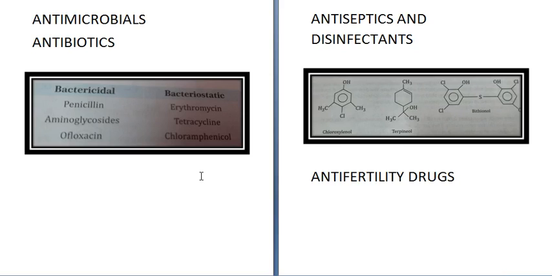Next is antiseptics and disinfectants. Antiseptics are chemical substances which prevent growth of microorganisms or kill them, but are not harmful when applied to living tissues such as wounds, cuts, ulcers, and diseased skin surface. For example, furacin, soframycin, Dettol.